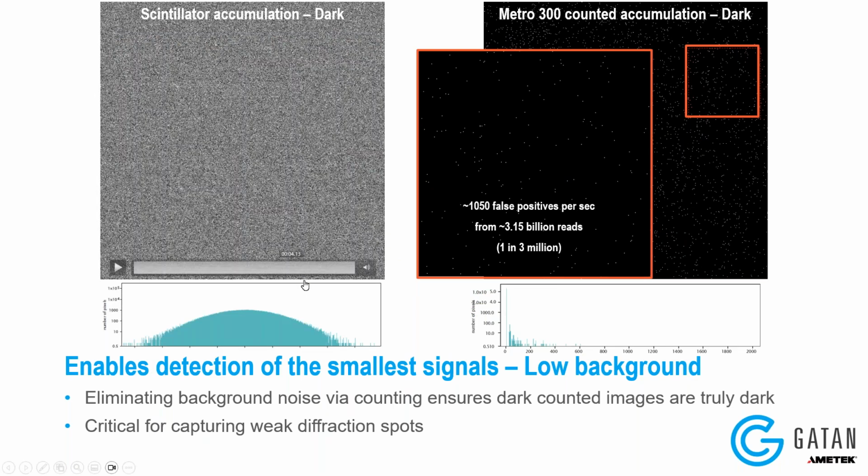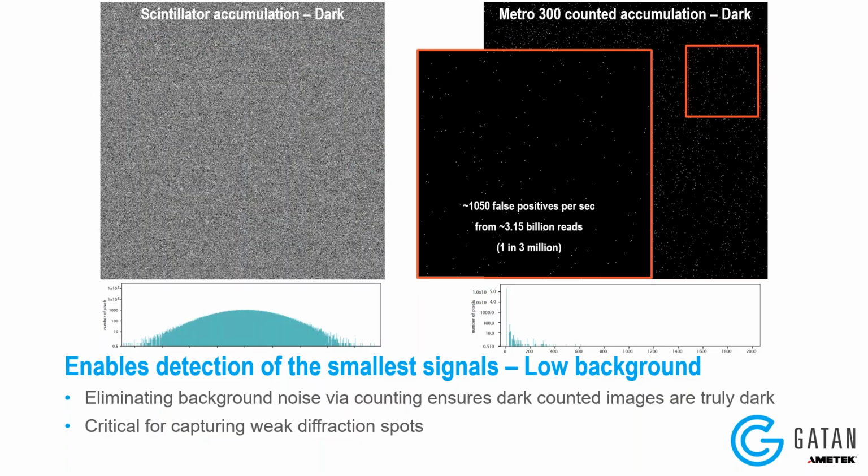On the left, what we see is a dark image from a scintillator camera, like the OneView. And the distribution of noise looks very good. This is on a log scale, so this is a Gaussian distribution of the noise. The dark image looks very flat.